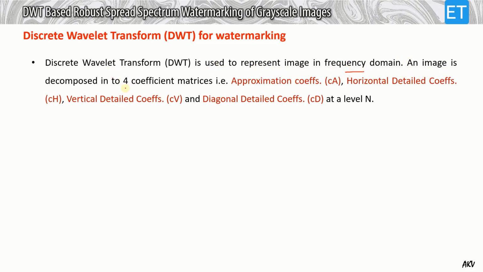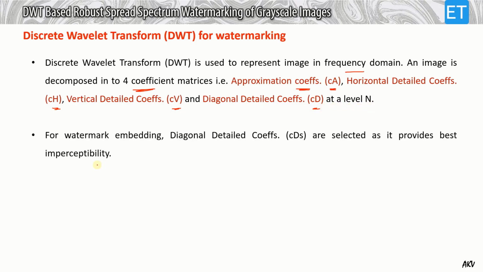An image decomposed by a discrete wavelet transform gives four coefficient matrices: the approximation coefficient matrix, known as CA, the horizontal detail coefficient matrix CH, the vertical detail coefficient matrix CV, and the diagonal detail coefficient matrix CD at any decomposition level, let's say N. For watermark embedding, as I propose in this video, we will utilize the diagonal detail coefficient matrix CD because it provides the best imperceptibility.